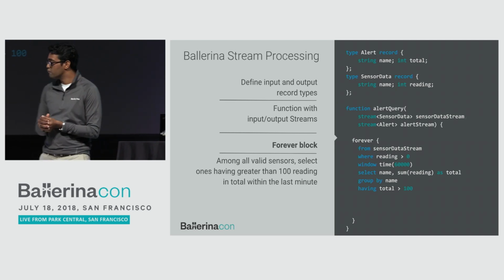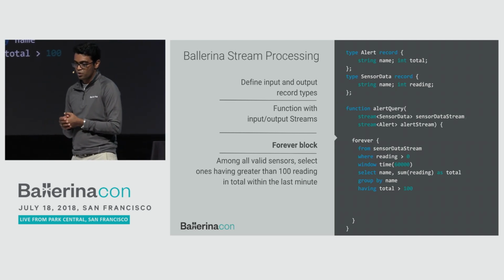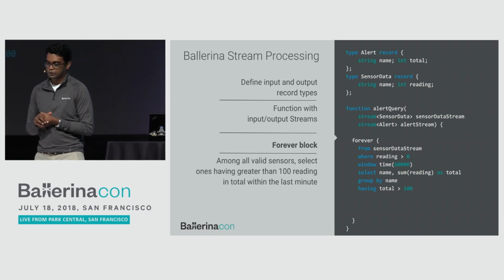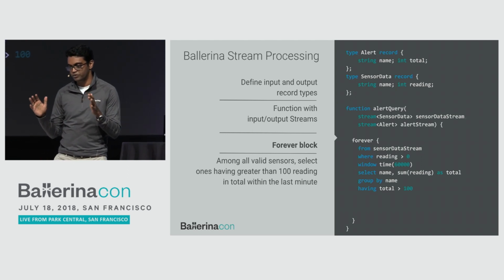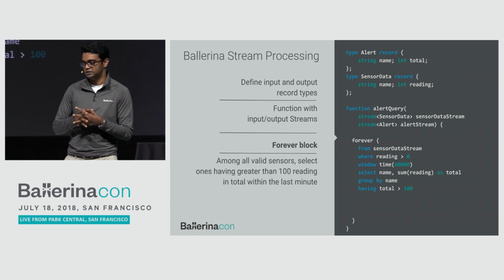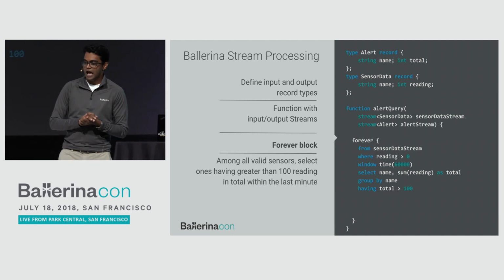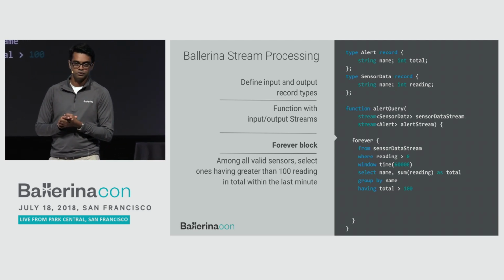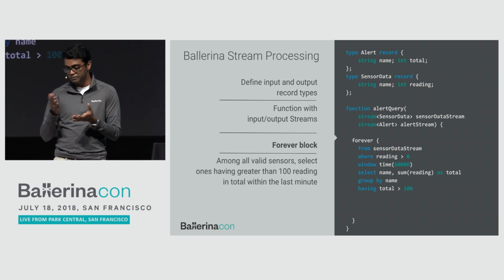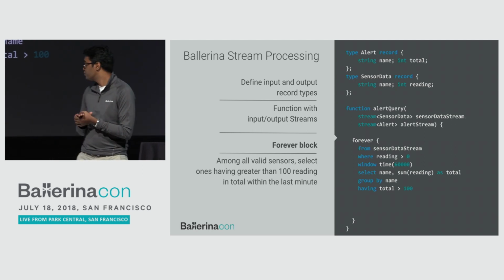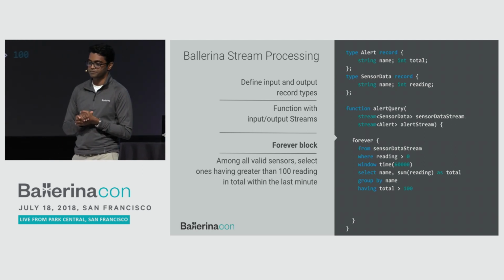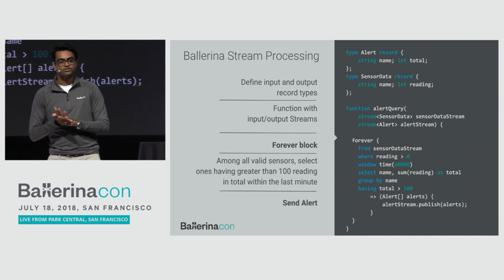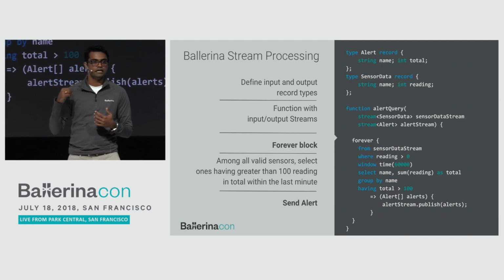So from the sensor data stream, where the reading is greater than 0, that means if there's a valid reading, I'm going to look at this particular reading for the last 1 minute, that is 60,000 milliseconds, and then I'm going to select the name, the sum of reading as total, grouping them by name, and if that total is greater than 100, then I'm going to send an alert. So it is very straightforward to write this kind of logic in a SQL-ish way.